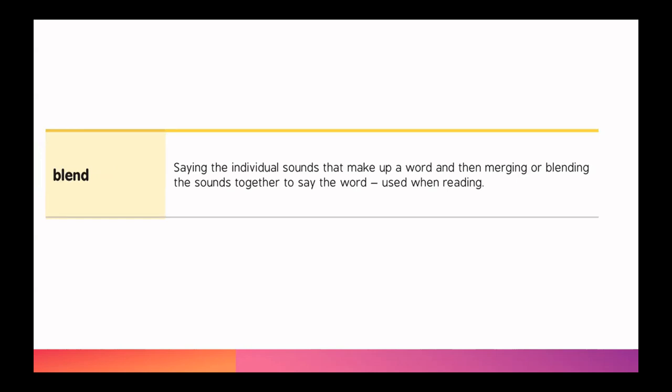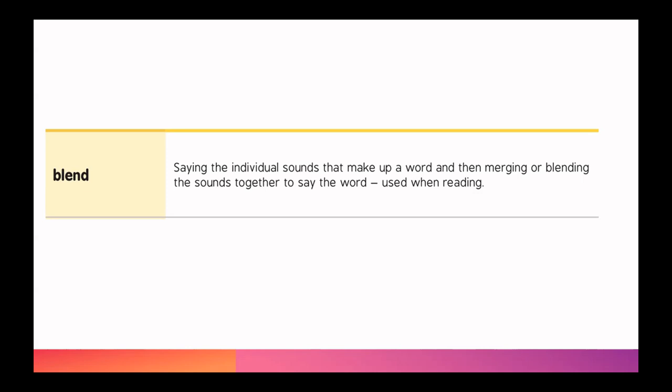Now, you might hear me a lot, or in any other phonics video you watch, talk about blend or blending. What does it mean when we say blend or blending? So to blend just means saying the individual sounds that make up a word and then merging or blending the sounds together to say the word. We're going to get to segmenting in a minute, but segmenting and blending tend to work hand in hand, okay?